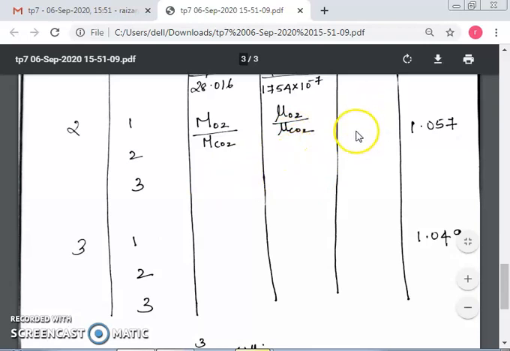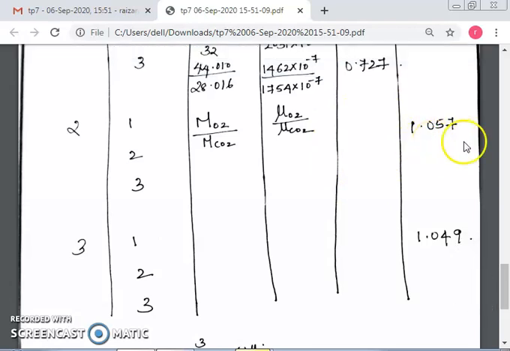Then as before, find out the values of phi ij for each of these three terms and get the value of sigma xj phi ij. You will get it as 1.057. And for the third species i, j components are 1, 2 and 3. So you complete this table, find out the ratios of Mi by Mj, mu i by mu j, find out phi ij.